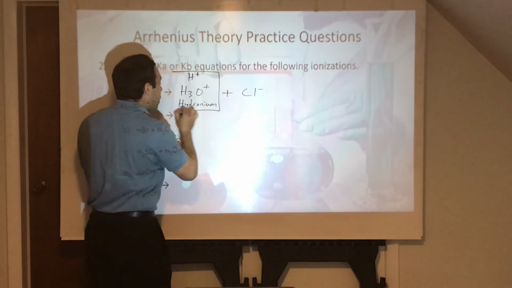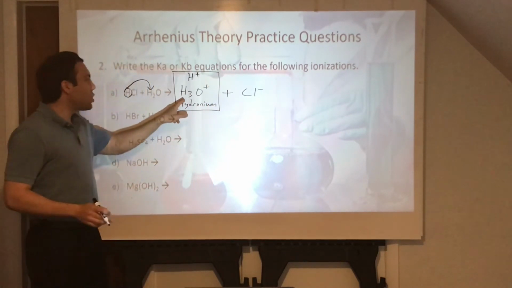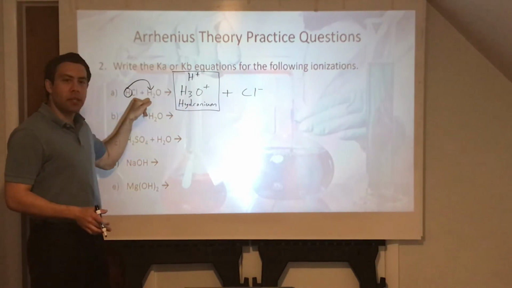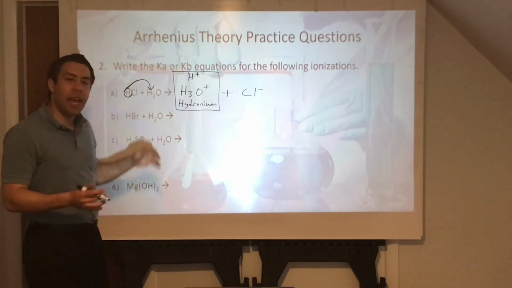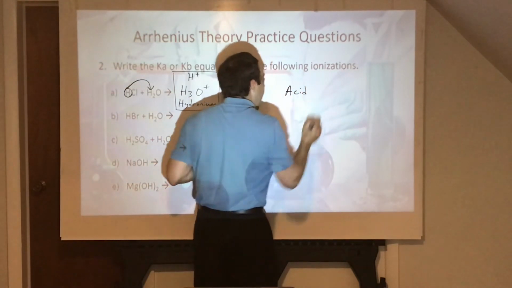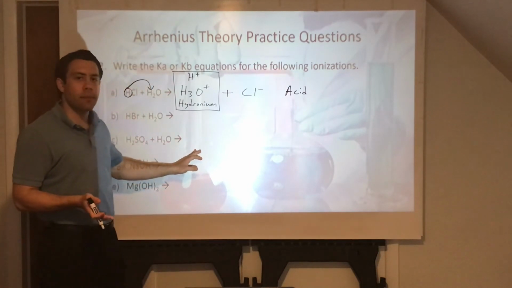So having H3O plus in solution, after HCl dissociates, we know that HCl is an acid. And it is hydrochloric acid.